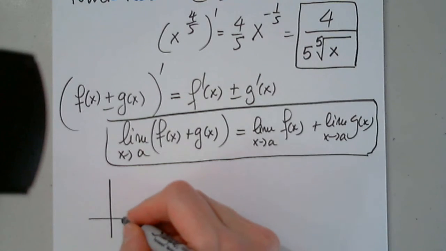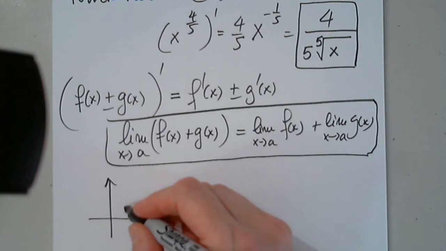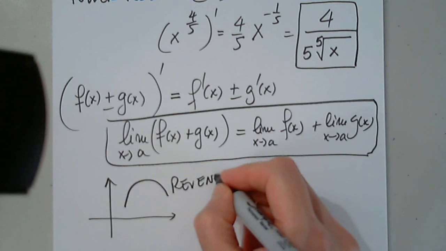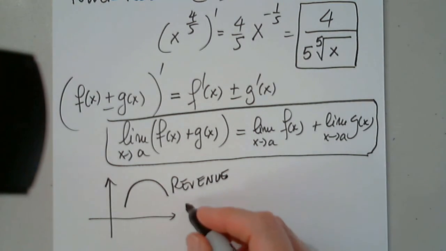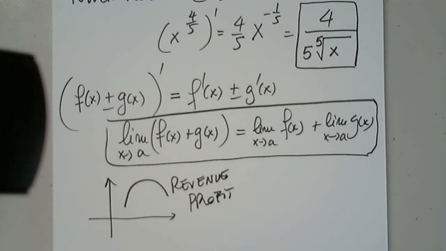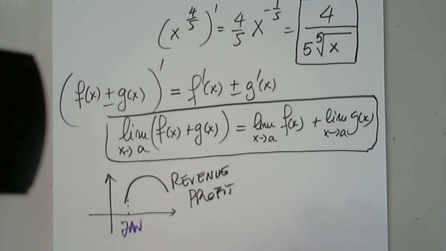Let's say we have a boss that we work for, and this is the factory revenue, or profit. In January, our boss comes to us and asks, how is my profit doing?